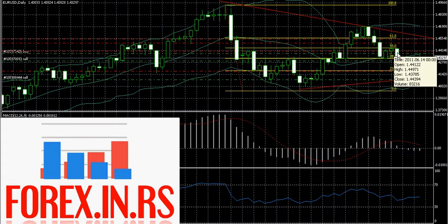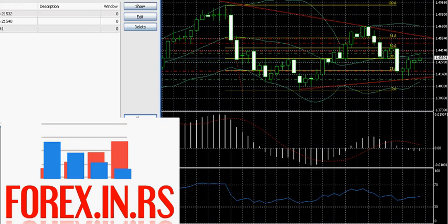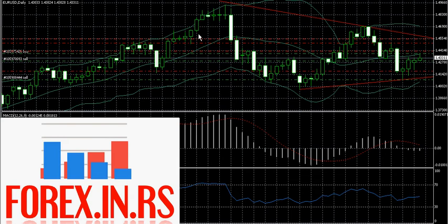So we predict that the biggest top for euro dollar this week is about 1.44 area, 1.4350, and this area is the beginning of a future bearish trend for euro dollar, because in the next days, in this week and the next weeks, we will see a huge bearish trend for euro dollar.